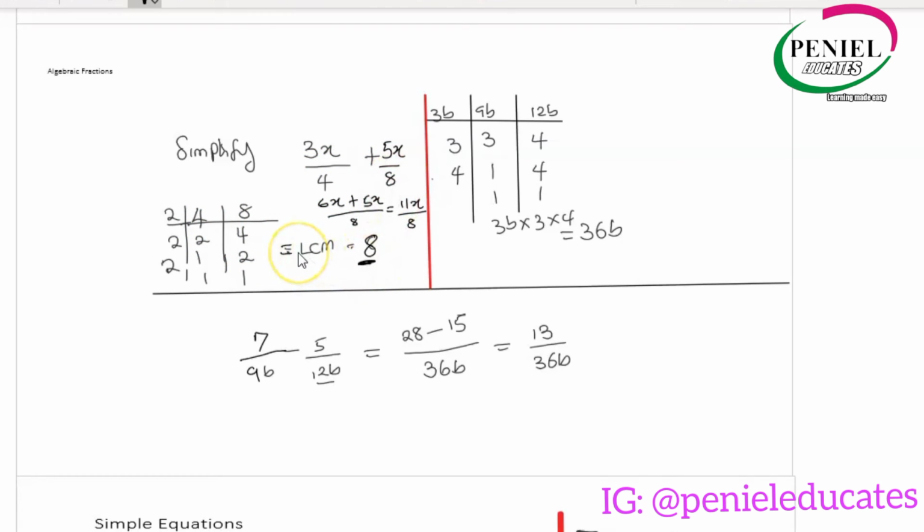You already know how to find the LCM. So 8 divided by 4 is going to give you 2, and you multiply this 2 by 3x, that's 6x, normal fraction. 8 divided by 8 is 1, and 1 multiplied by 5x gives 5x, so it's going to give you 6x plus 5x, which is 11x over 8. So that's your answer, 11x over 8.